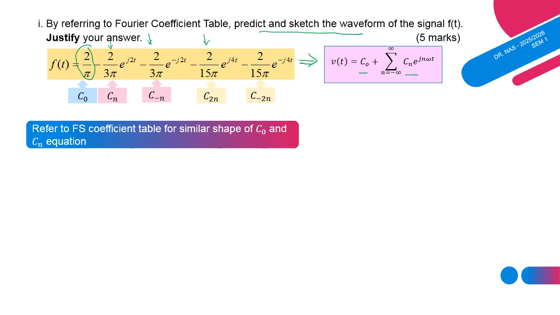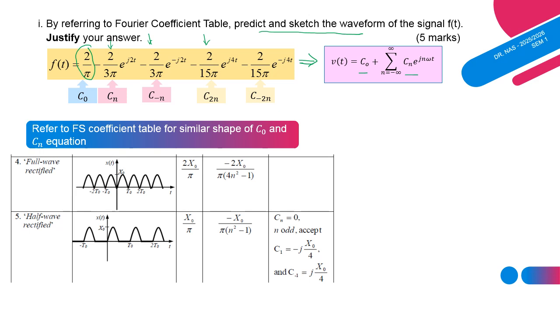Then you need to refer to the Fourier coefficients table and look for a more or less similar shape of C0 and Cn equation to the given equation. From the table, these are the two signals that have C0 and Cn more or less similar to the equation shown.